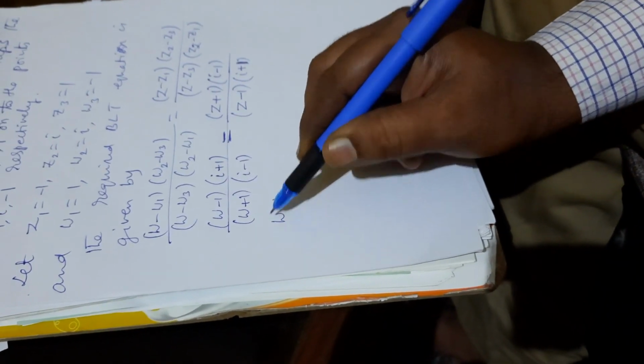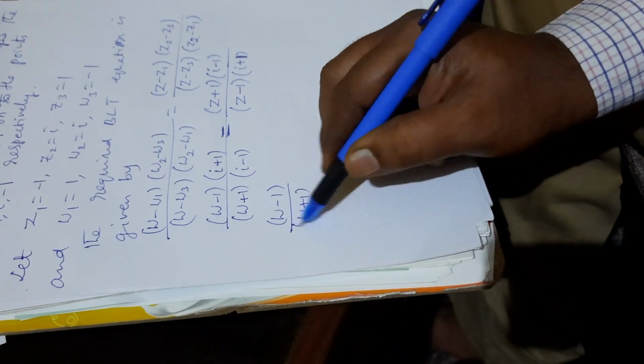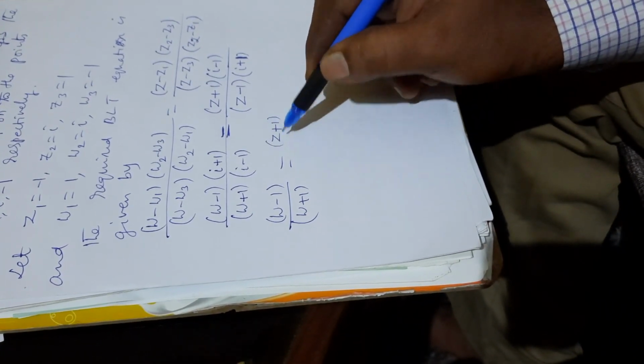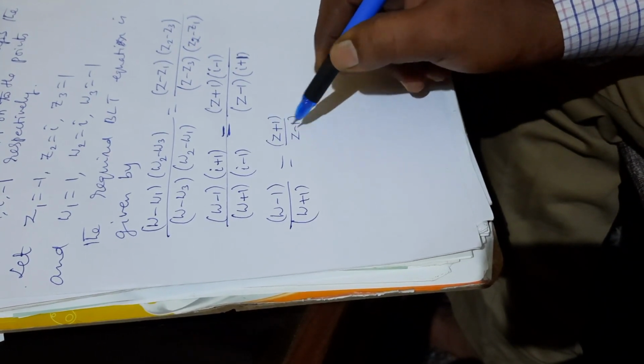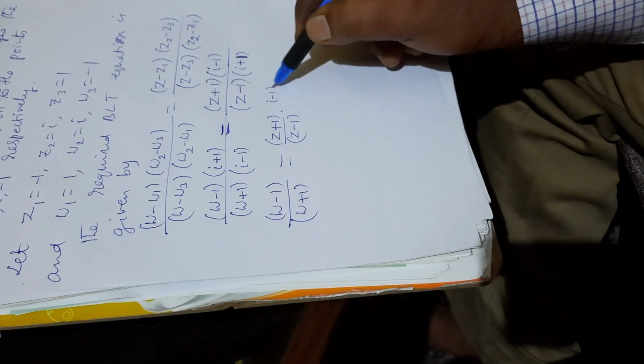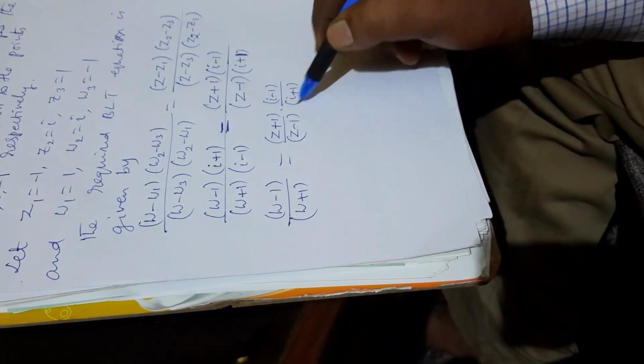On solving, w minus 1 divided by w plus 1 equals z plus 1 divided by z minus 1 into I minus 1 divided by I plus 1.